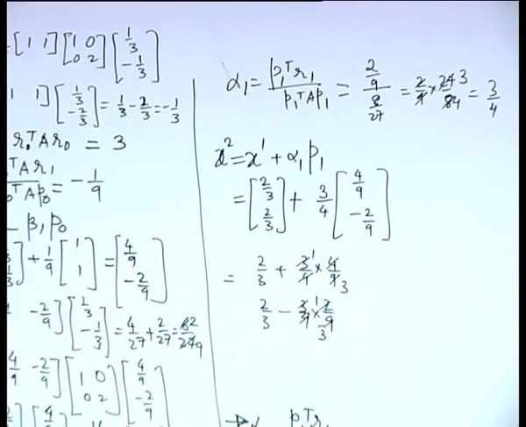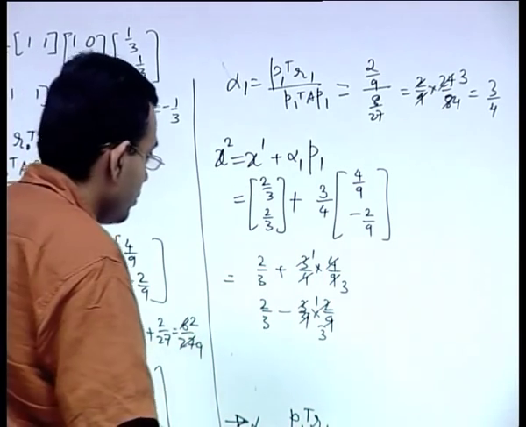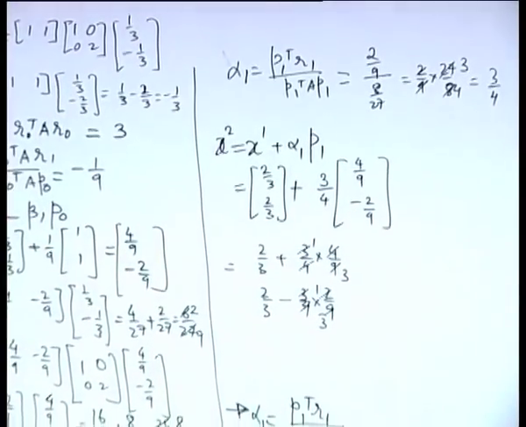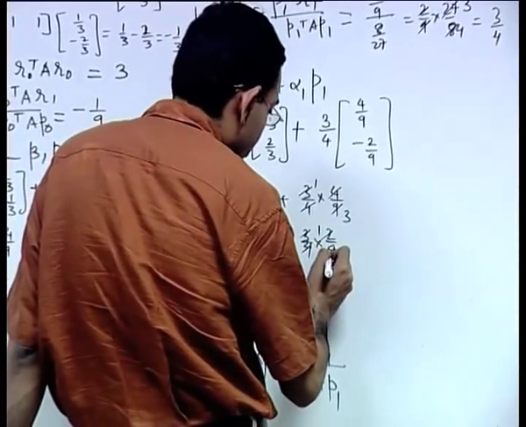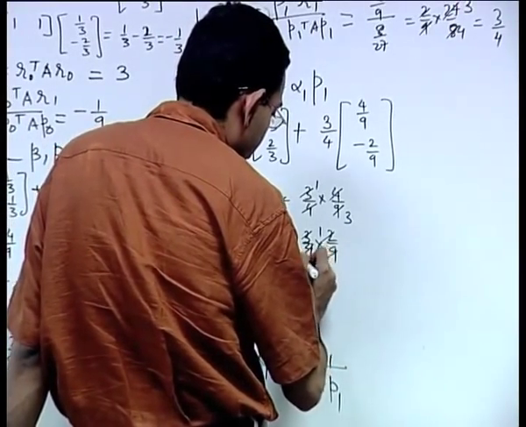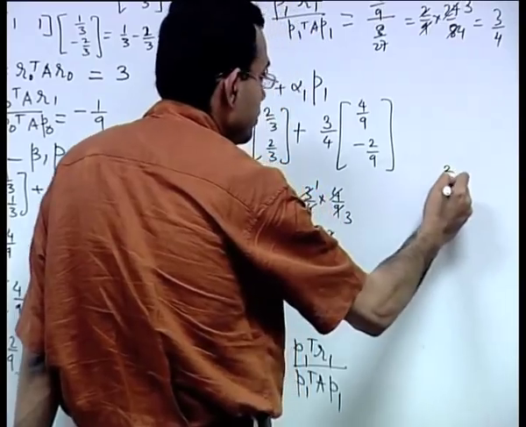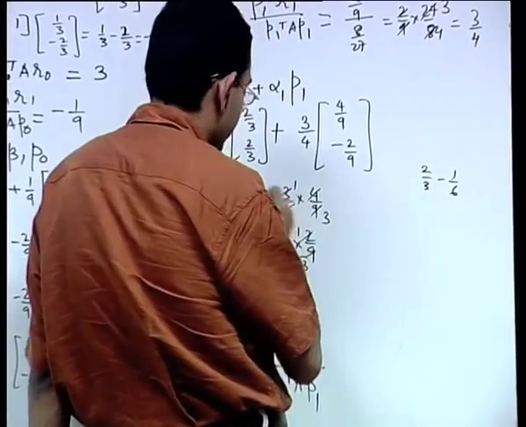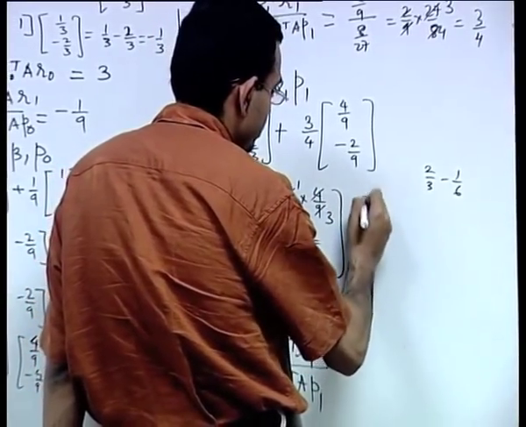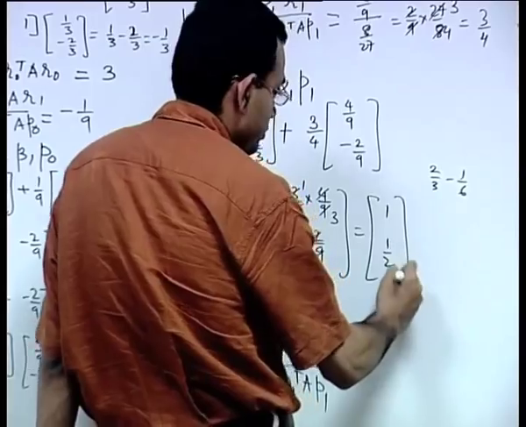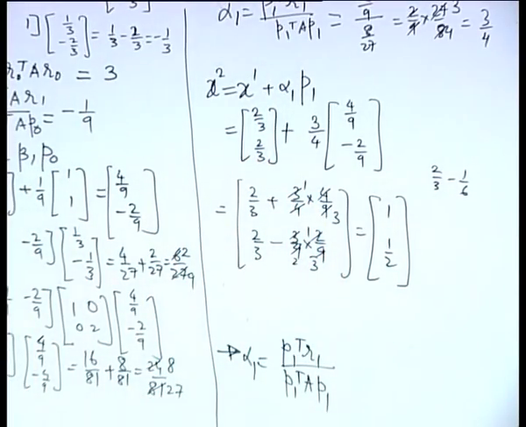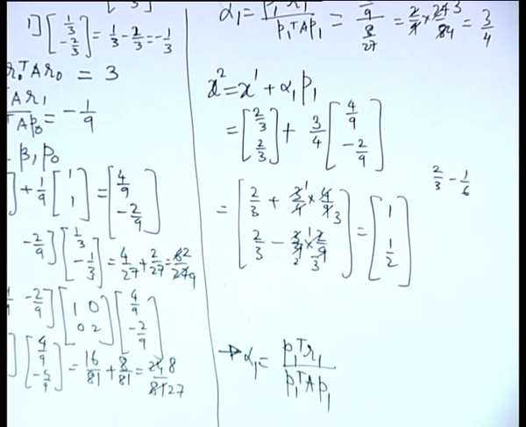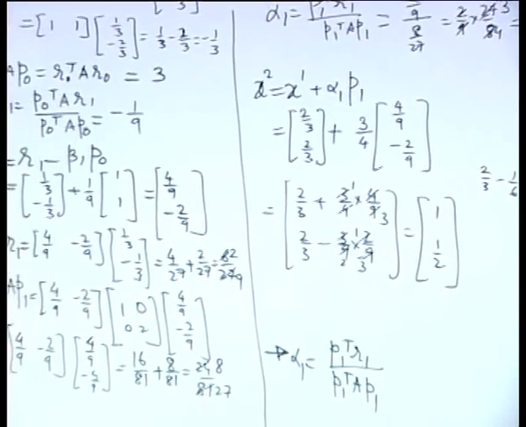So 2 by 3 minus 1 by 6. So that is equal to half, right?